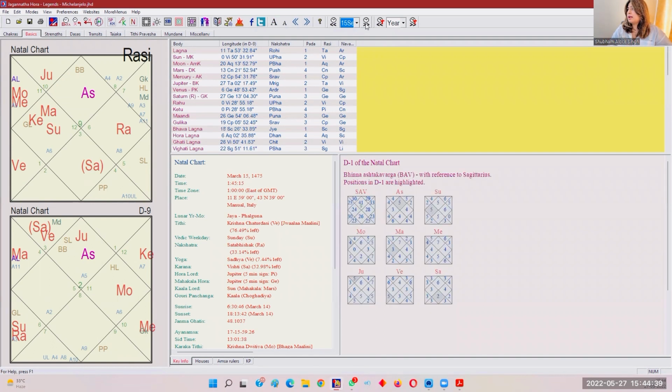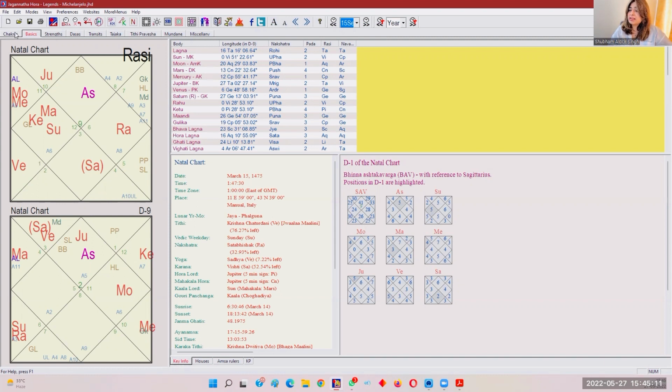So I'll start moving it by 15 seconds and let it come to 16, then I'll stop. Now here it is, 16 degree Taurus. That is what I wanted. No change in the sign of ascendant here. It is okay. D9 is fine. It is Taurus ascendant, 16 degree now.